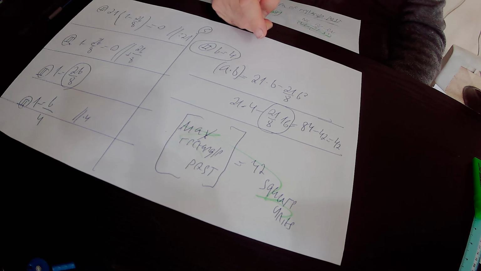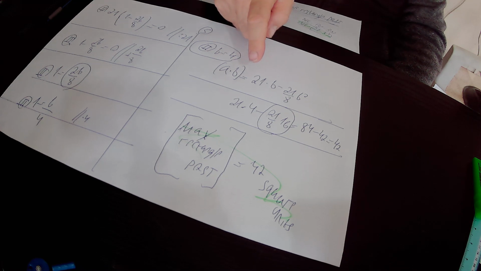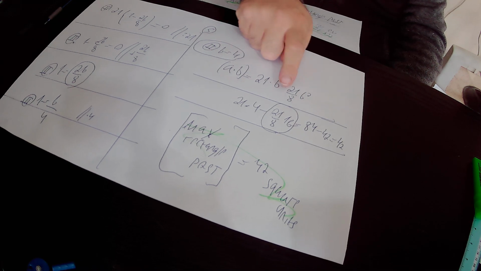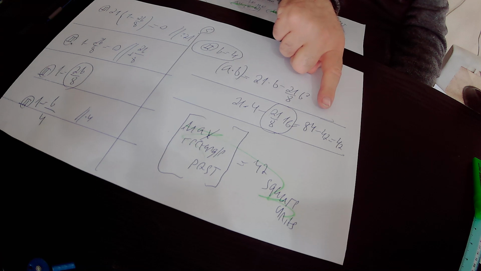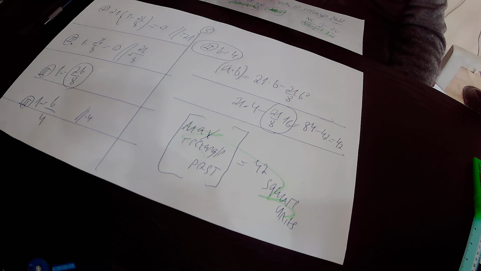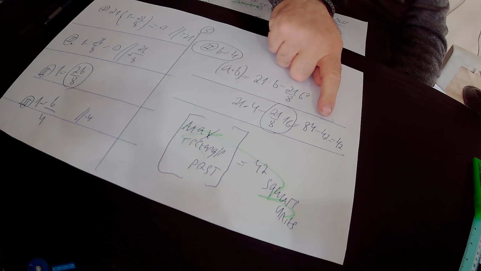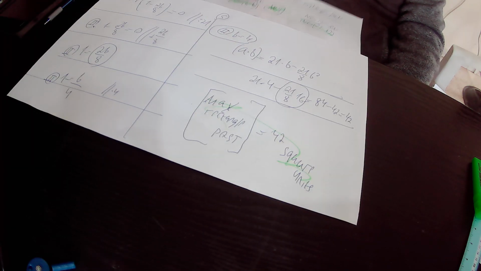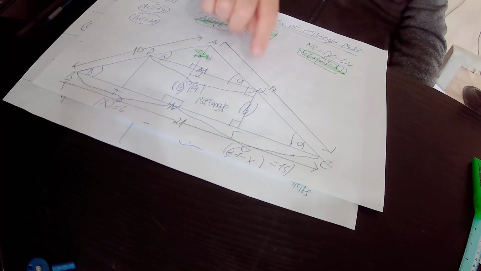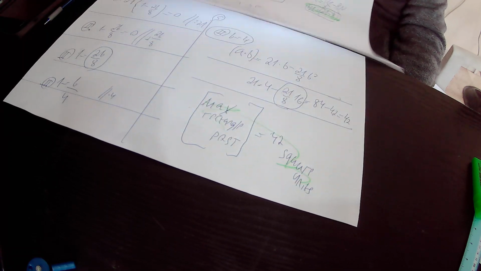So the area equals 21 times 4, that is 84, and 16 over 8 is 2, so this expression equals 2 times minus 21, that is minus 42. So the maximum area of rectangle PQST equals 84 minus 42, that is 42. I repeat again, the maximum area of this rectangle PQST equals 42 square units. Okay?